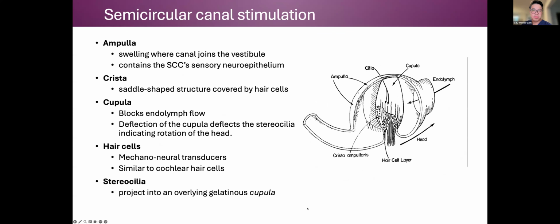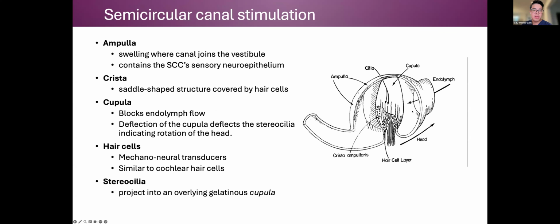Just a little more detail on the canals. Like Amina mentioned before, we're talking about the cupula and the hair cell function within them. The ampulla is a swelling that joins the canal with the vestibule. The crista is the structure in the middle that has hair cells that extend their cilia into the cupula, which essentially blocks the flow of endolymph.